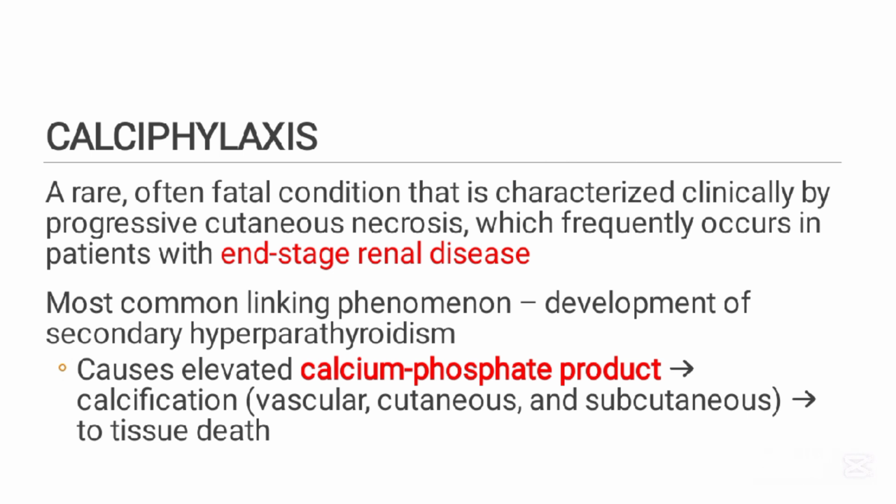And the second one is calciphylaxis, a rare, often fatal condition characterized clinically by progressive cutaneous necrosis, which frequently occurs in patients with end-stage renal disease, most commonly linked with secondary hyperparathyroidism. What are the causes? Elevated calcium phosphate product, vascular, cutaneous and subcutaneous calcification, leading to tissue death, forming necrosis.